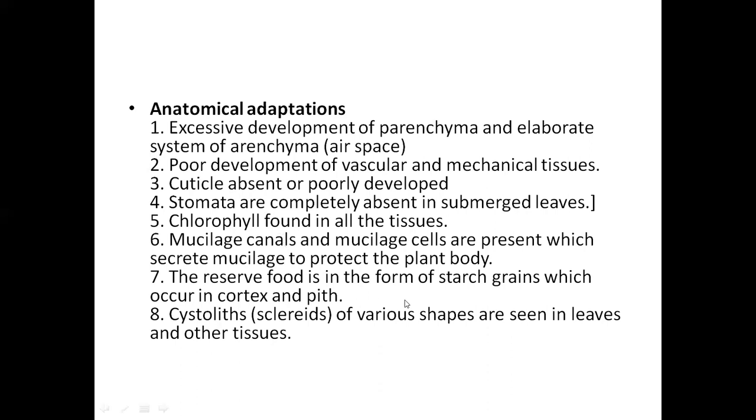And mucilage canals and mucilage cells are present, which secrete mucilage to protect the plant body. And the reserve food is in the form of starch grains which occur in cortex and pith. And cystoliths, these are also called sclerites, of various shapes, are seen in leaves and other tissues.